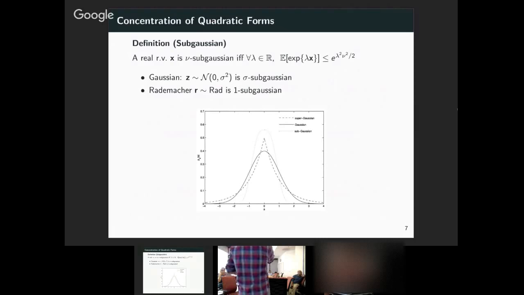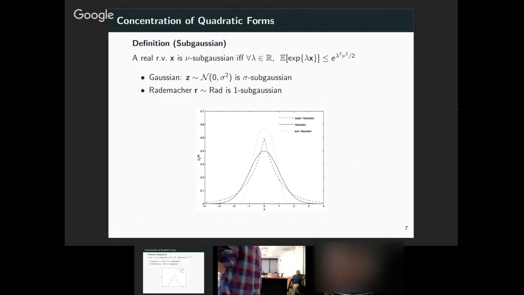The natural notion of concentrated random variables here is the notion of a sub-Gaussian random variable. The definition of a random variable x being sub-Gaussian with a certain sub-Gaussian parameter nu is that the moment generating function of x is upper bounded by the moment generating function of a Gaussian with variance equal to nu squared.